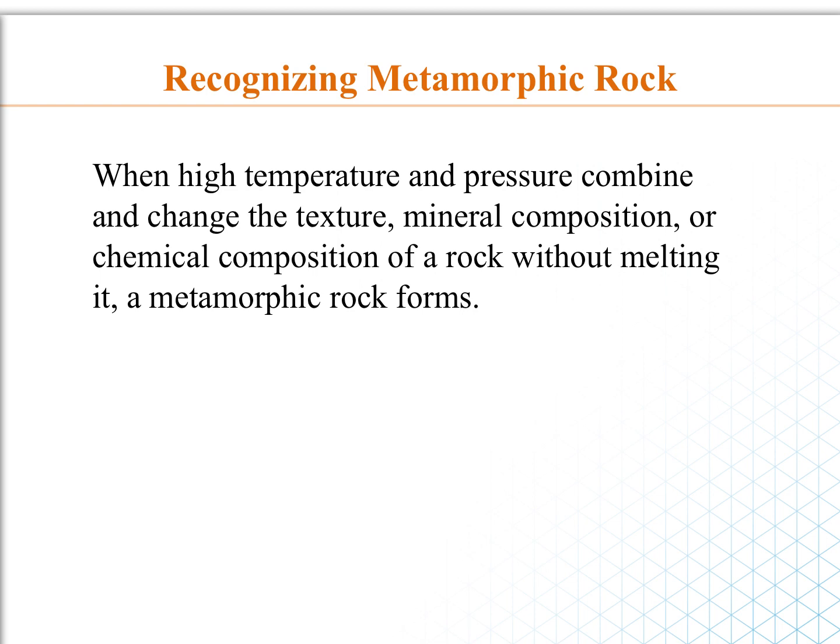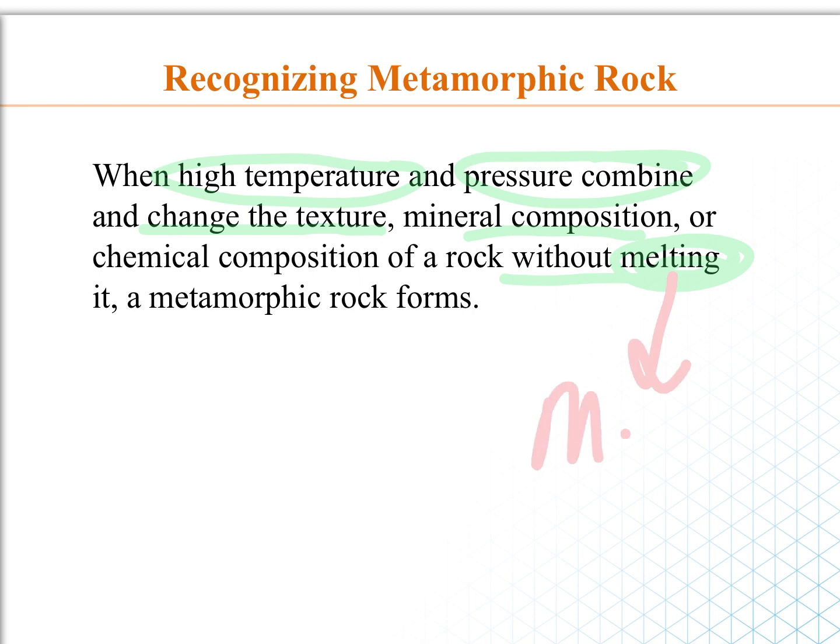We're saying high temperature and high pressure combined to change the texture and mineral composition, without melting. That's the big part. We're not going to melt these rocks, because if we melt them, if you recall, melting would lead to this thing called magma.